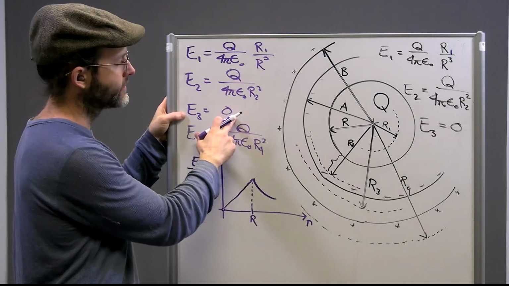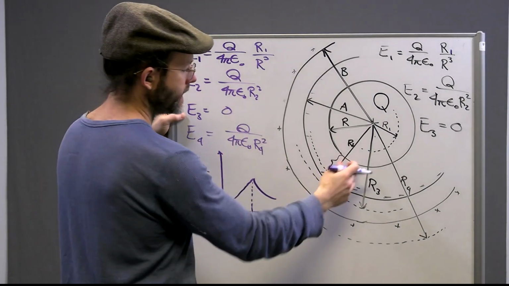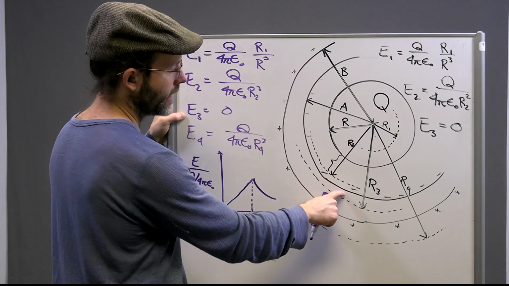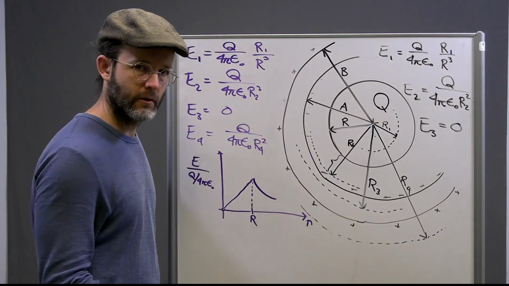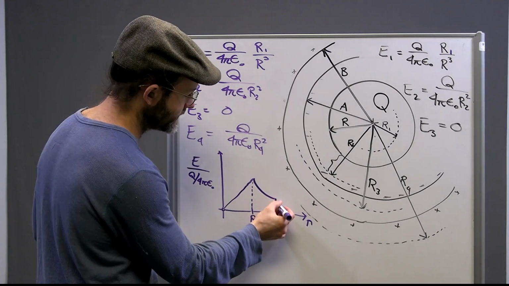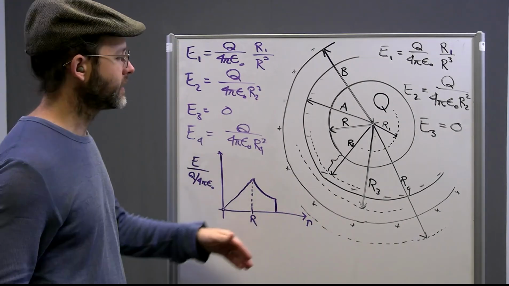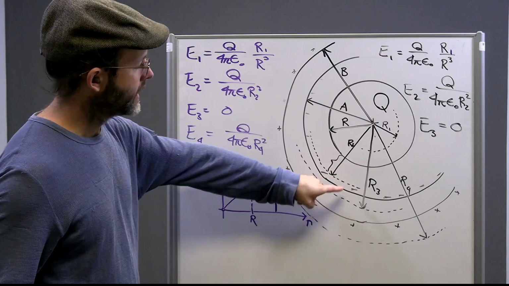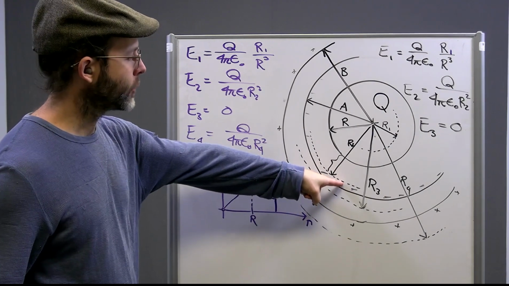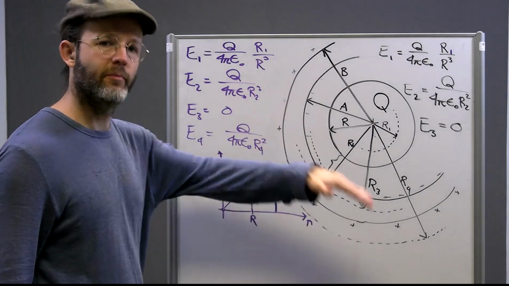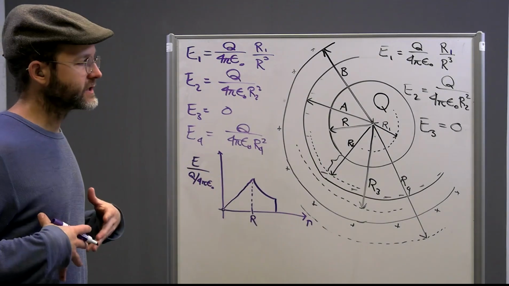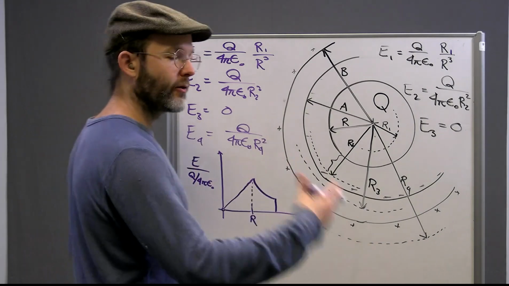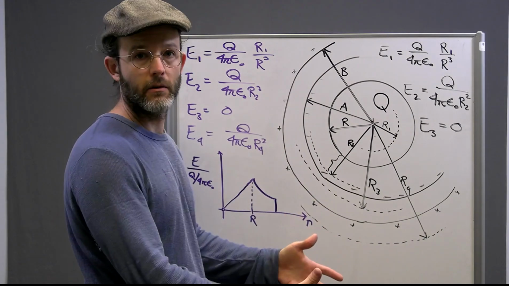Now what about E3? Once we're just inside this surface, we jump to 0. So there is some discontinuity in the electric field, because when we step over this boundary of induced charge, we go from just Q to 0.